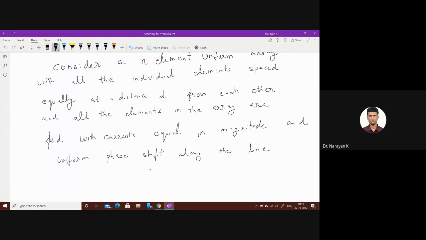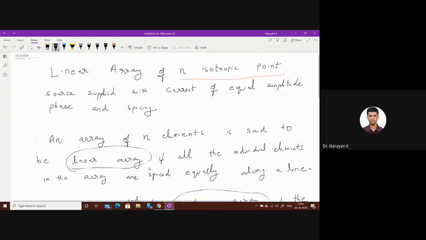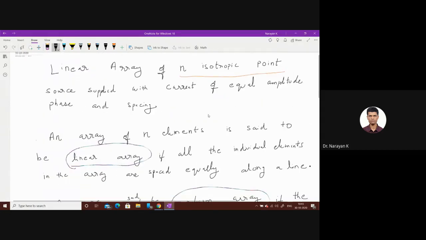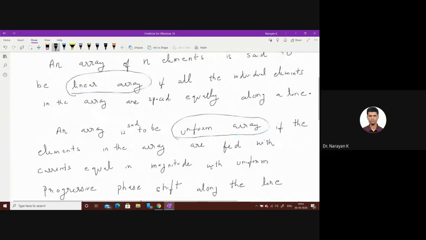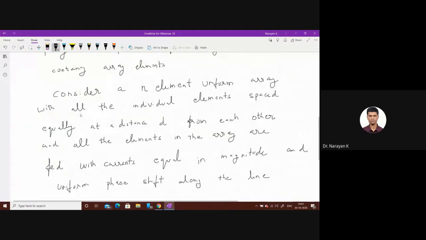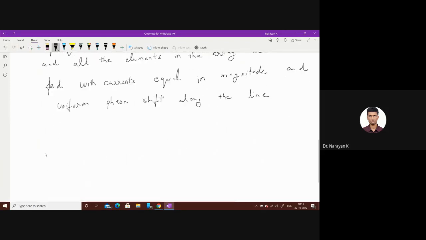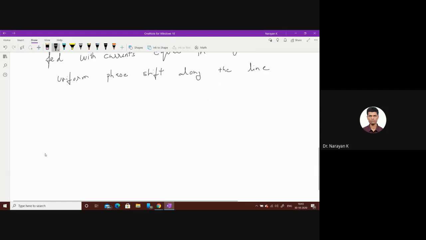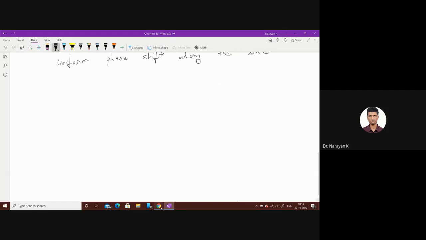So whenever I ask the derivation for a linear array of n point sources, these two definitions need not be written. They are for the definition. If they ask, you have to start from here: consider an n element uniform linear array with all the individual elements spaced equally at a distance d from each other, and all the elements in the array are fed with currents equal in magnitude and uniform phase shift along the line. Is it clear?